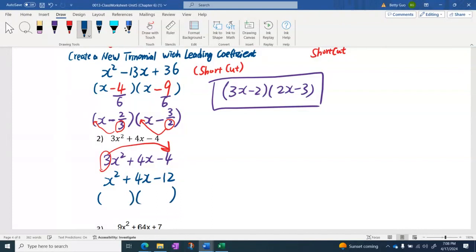I'll give you a little time to help me factor this trinomial using the shortcut. To factor x squared plus 4x minus 12, we need to find two integers that multiply to negative 12 and add up to 4.